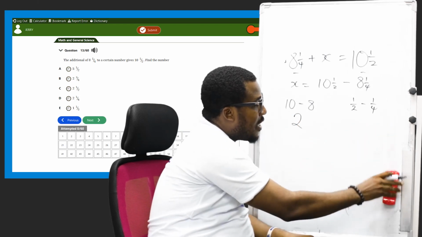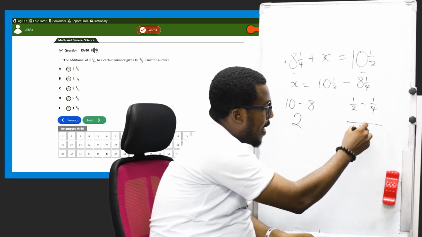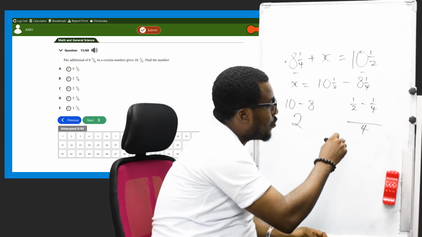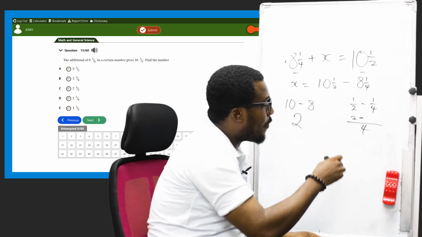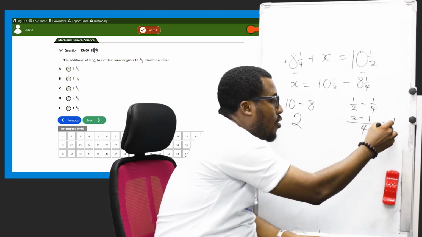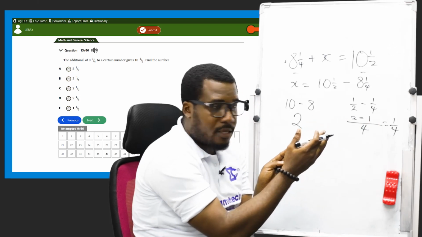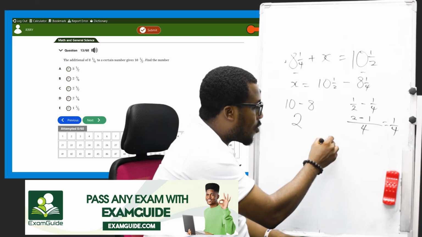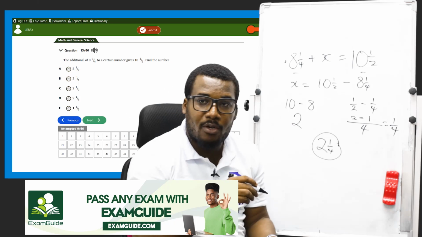For the fractions, using the LCM method, I have 4. 4 divided by 2 is 2, 2 times 1 is 2, minus 4 divided by 4 is 1, 1 times 1 is 1. Therefore, I have 1 over 4. When I bring the whole number and the fraction together again, my total answer becomes 2 whole number 1 over 4. This is the answer I got using the splitting method.